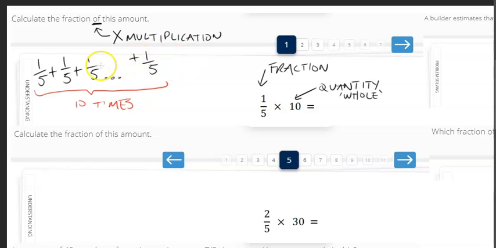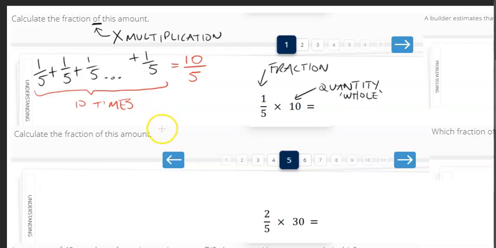This is one way of looking at it. So we can get 1/5 plus 1/5, and we can keep doing this. And we know 1 plus 1 plus 1 right up the top is going to equal 10. And the denominator, if they're all the same, will remain the same as the answer. And this will be our solution, 10/5.